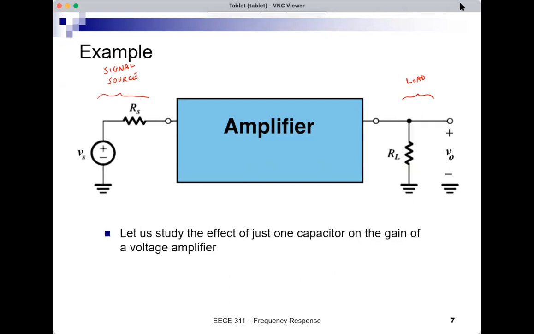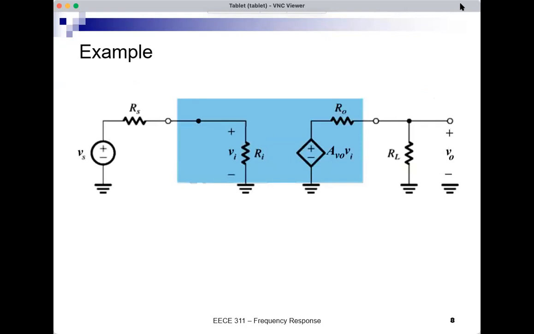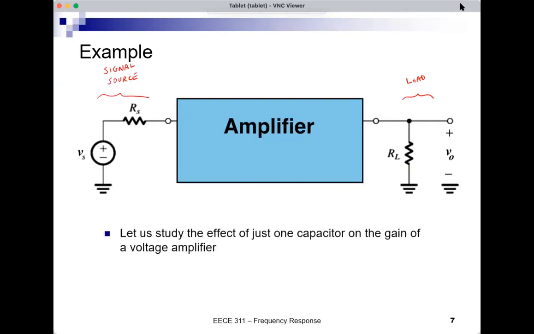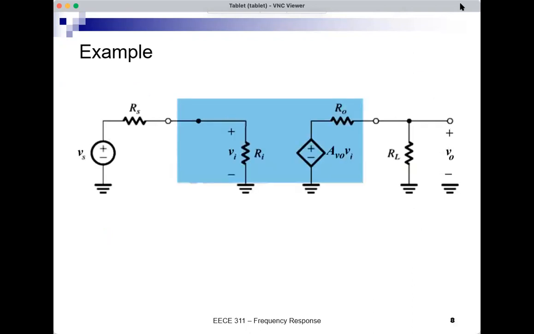Let's see. Here's the model of the amplifier. So I have this amplifier, and now I replace it with its model, and the model consists of an input resistance, Ri, an output resistance, Ro, and a controlled voltage source, AVO VI, where AVO is the open circuit voltage gain.